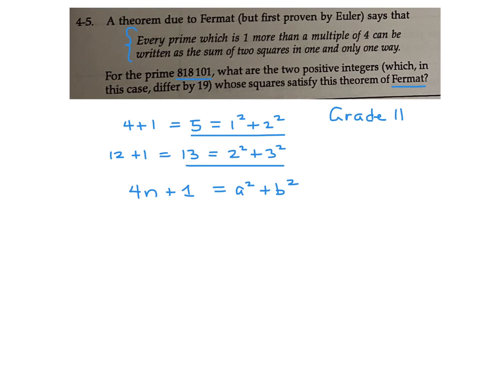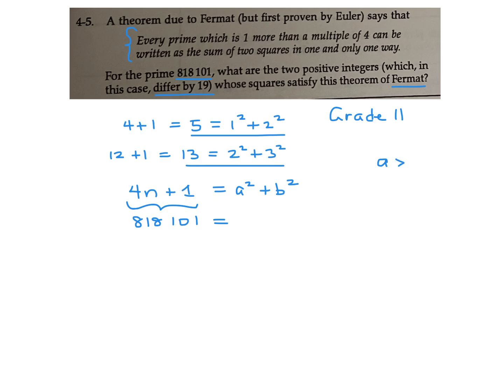And then they give us this number, 818101. So I guess this is the 4n plus 1. Then they give a very helpful, almost crucial clue, that the two numbers differ by 19.